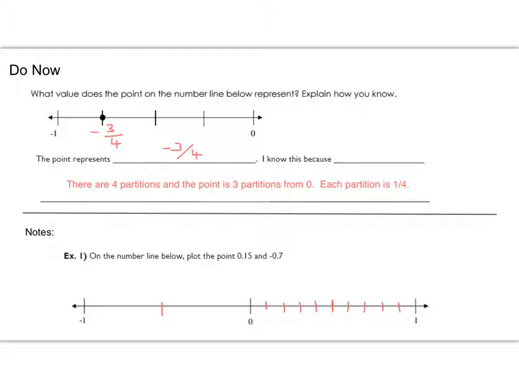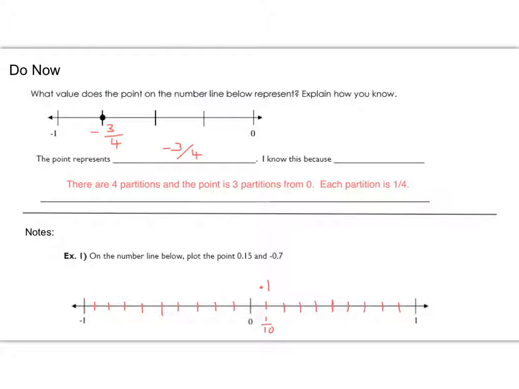So I'm going to mark the middle, then divide each piece into fifths. 1, 2, 3, 4, 5, 6, 7, 8, 9, 10. So we know that when we've divided it into tenths, in fractions it would be 1/10, but in decimals it would be 0.1, which is the same as 1/10, right?